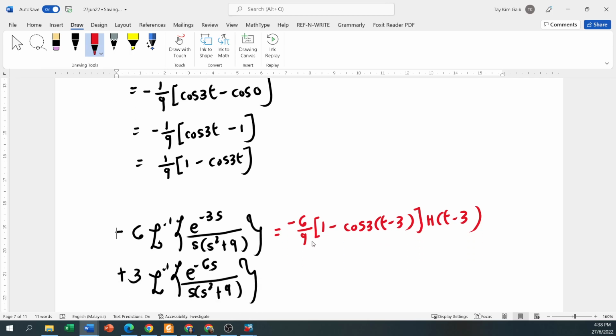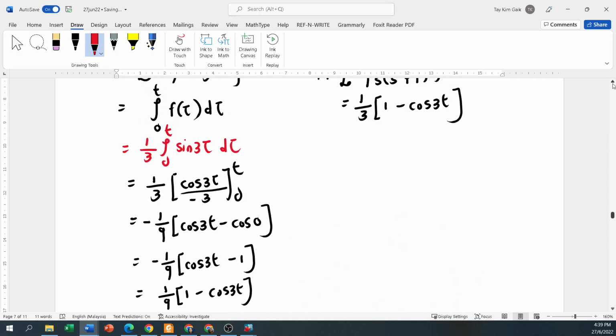And the third result is 3 times, so 3 over 9. Then this is exponent negative 6, so t changes to t minus 6, multiplied by h(t minus 6). So 1 minus cos 3 times (t minus 6) h(t minus 6). So for y(t) you need to add up the 3 terms.